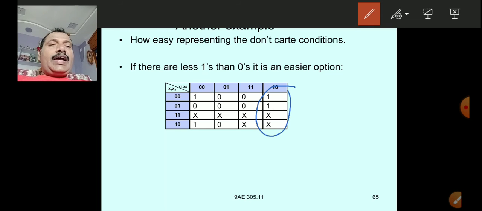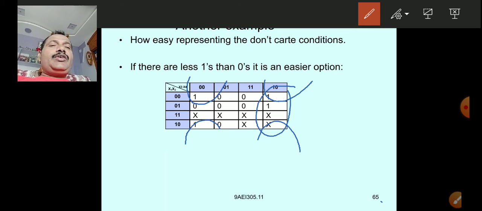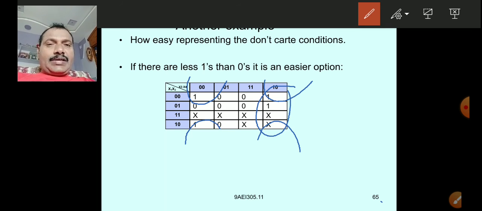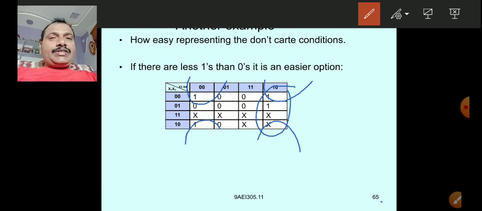And after that, you can also form another quad by taking four corners like this. Four corners you have to take. This is the second quad. First quad and second quad. There are two quads possible. How is it possible? By considering don't care conditions, it is possible.